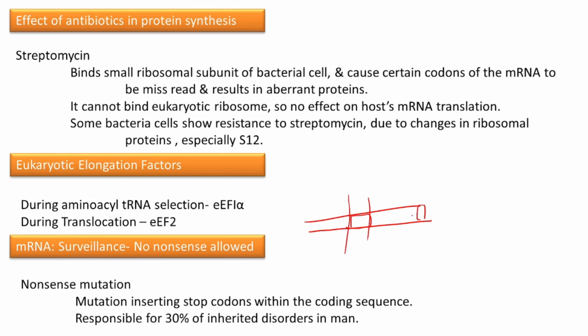So that is the effect of nonsense mutation. And because of mRNA surveillance, such types of mutations are not allowed. It will be prevented. How is it prevented? We will go and see. This type of nonsense mutation is responsible for around 30% of inherited disorders in man.